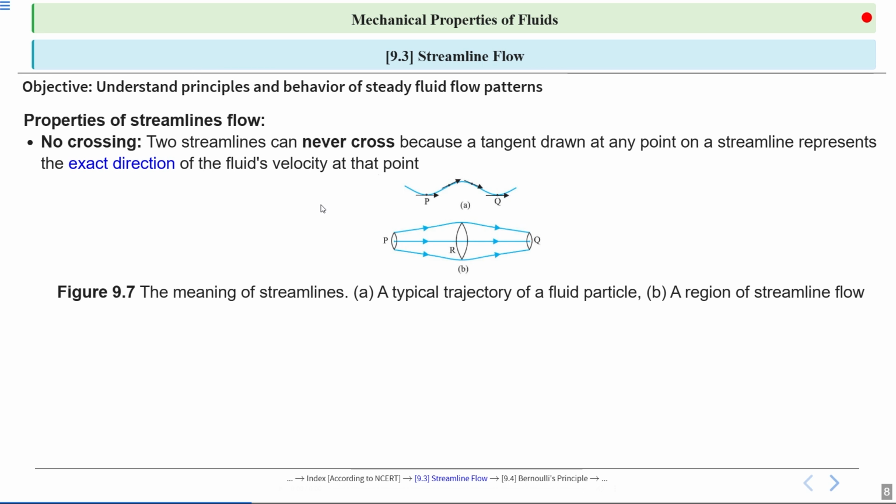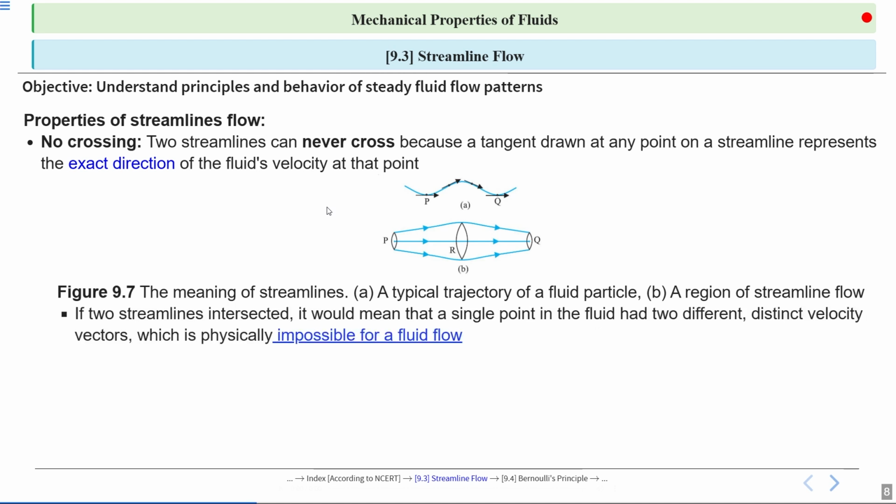So at any point along the streamline, the direction of the fluid's velocity is exactly along the tangent to that point. Here in figure 9.7, it shows how streamlines represent the direction of flow at every point. Alright. So here fluids flow orderly.